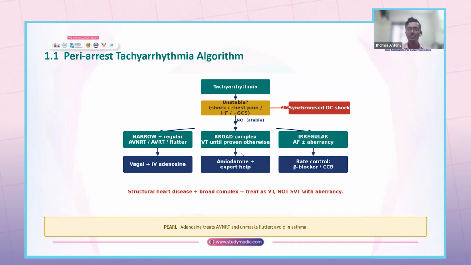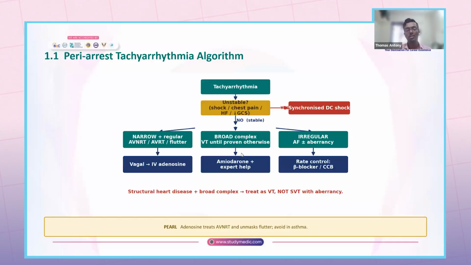In case of structural heart disease with broad complex, treat as ventricular tachycardia, not SVT with aberrancy. So there is a structural heart disease and a broad complex, and there are two options. One, it could be a ventricular origin rhythm, or it could be supraventricular tachycardia with aberrancy.